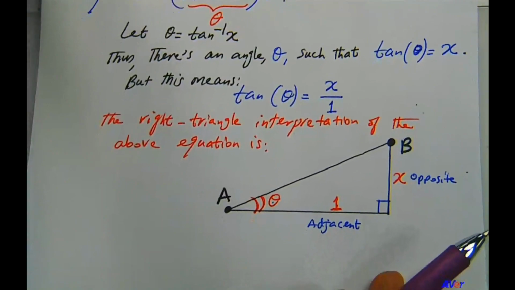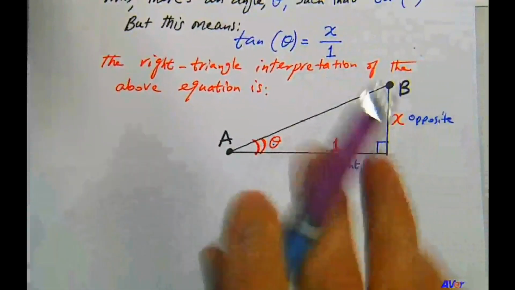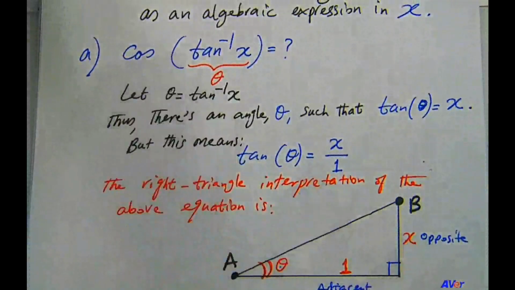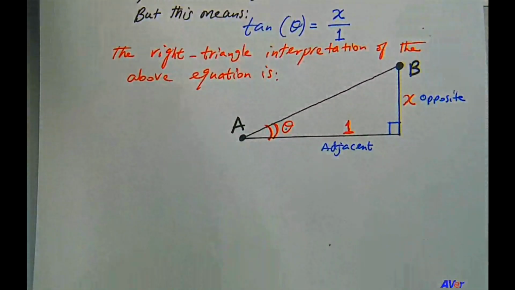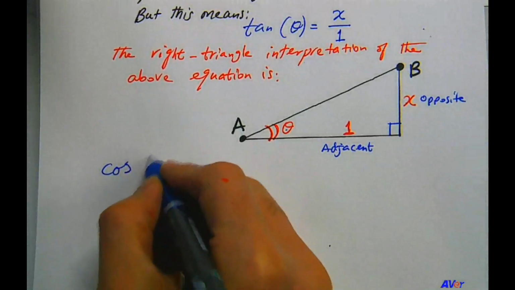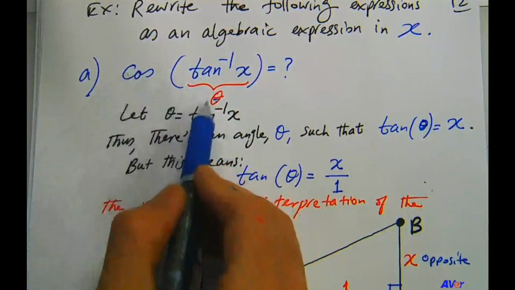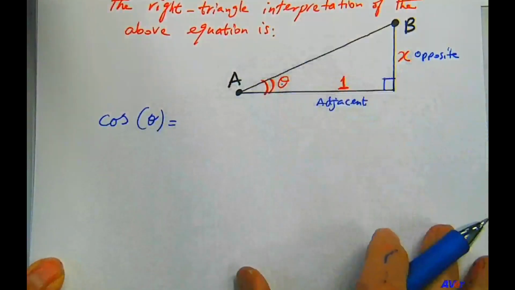Now that we have our right triangle figured out, this right triangle is connected to the original function. So we have cosine of theta, right? We took this whole argument as theta, so cosine of theta. Now we can calculate this given this right triangle.